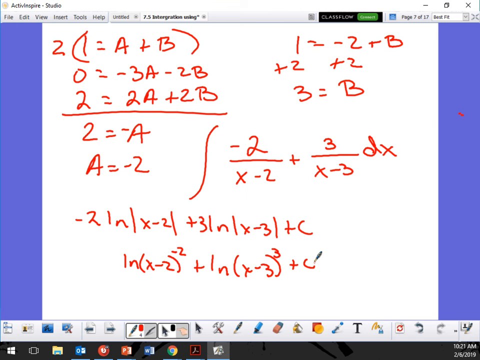What's that negative exponent going to do? It's going to make it move under. So if I change this into a multiplication, it's now going to turn into a division, because of that negative exponent. So it's going to be ln of x minus 3 to the third over x minus 2 to the second, plus c.